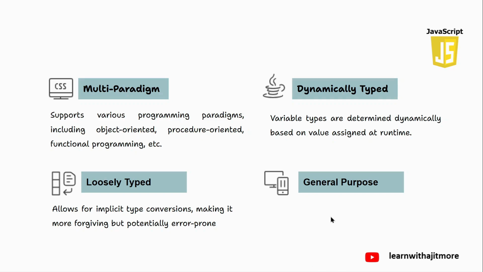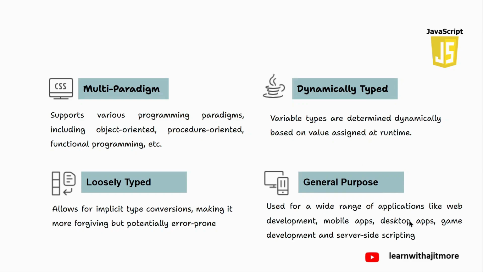Now it is your domain, which domain you want to enter you have to decide. So use for a wide range of applications like web development, which is the main role, सबसे मेन एप्लीकेशन यही है और आगे भी यही रहेगा.